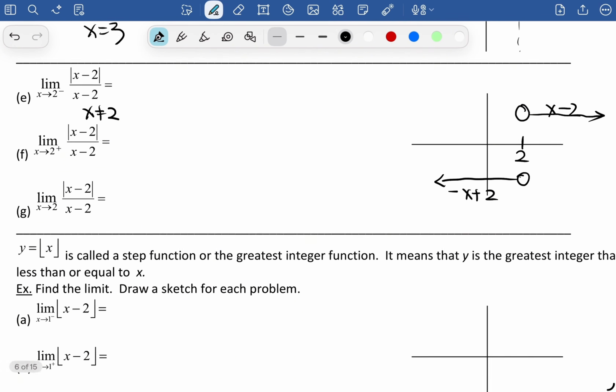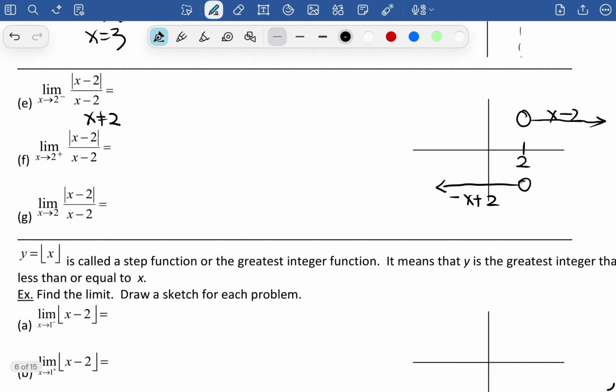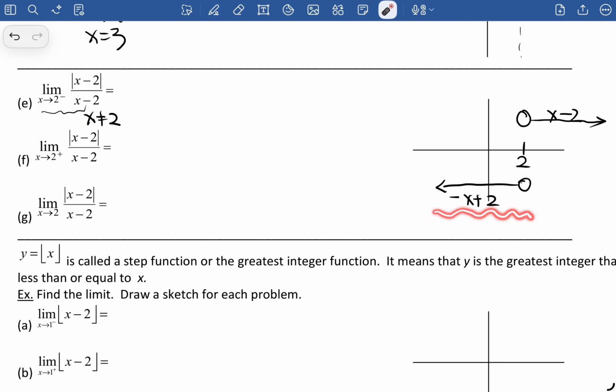And now we can evaluate the limit. The first thing we do when we see this is to see if it's a right limit or left limit. In this question, it's a left limit, which means we're looking at this part of the graph.